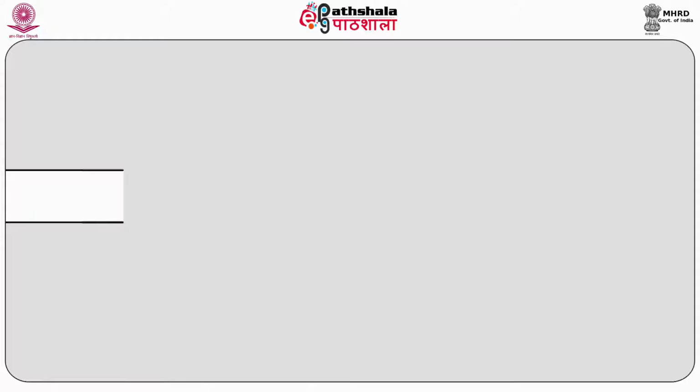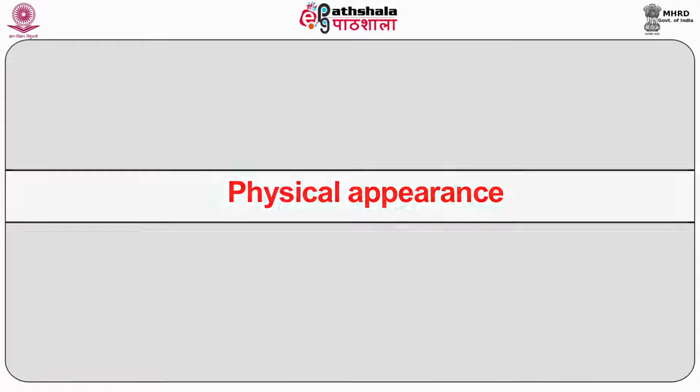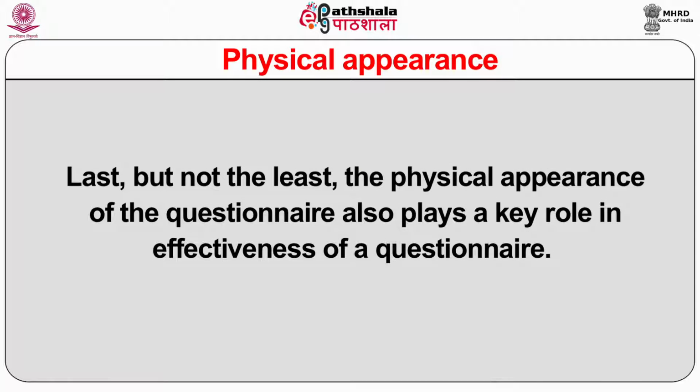It is very important that the researcher provides a brief set of instructions to be followed by the respondents with regard to filling up of the questionnaire. These instructions help the respondent overcome any kind of confusion. Number 8. The physical appearance. So the last but not the least, the physical appearance of the questionnaire also plays a key role in the effectiveness of a questionnaire.